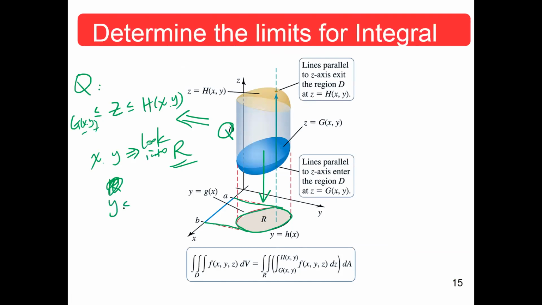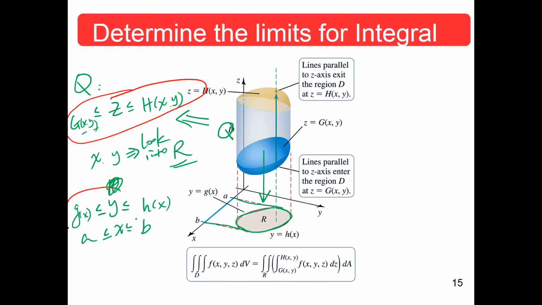So for the region R, y is bounded on top by h of x, on the bottom by g of x, and x is bounded by a and b as the left and right boundaries. Eventually, in our graph, z is between these two functions, y is between these two functions, and x is between these two constants.